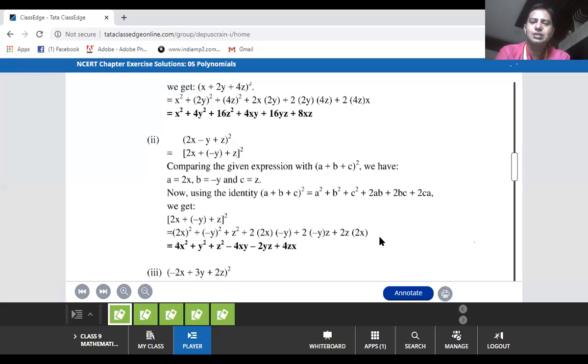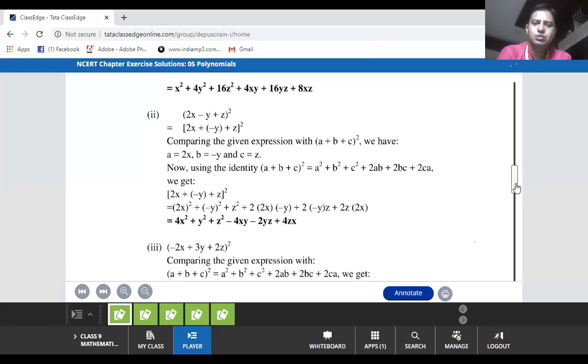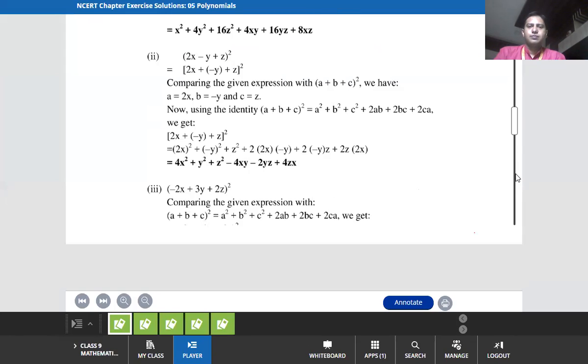Now tell me the answer for the third part of this question. You can chat me the answer on your chat box. You just need to simply apply the identity of a plus b plus c whole square in minus 2x plus 3y plus 2z whole square.